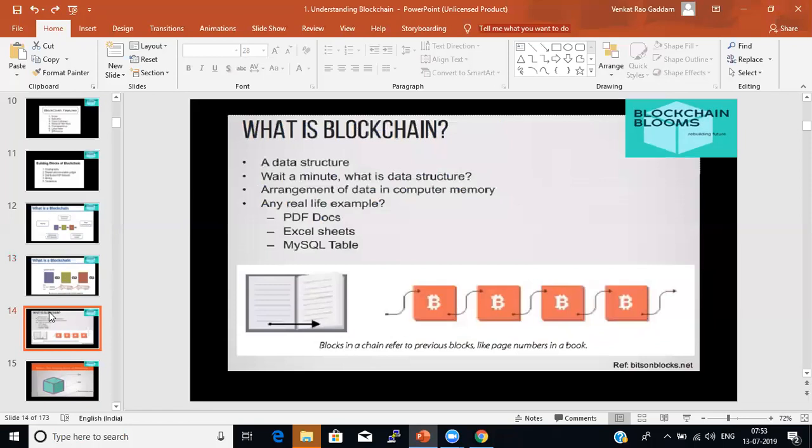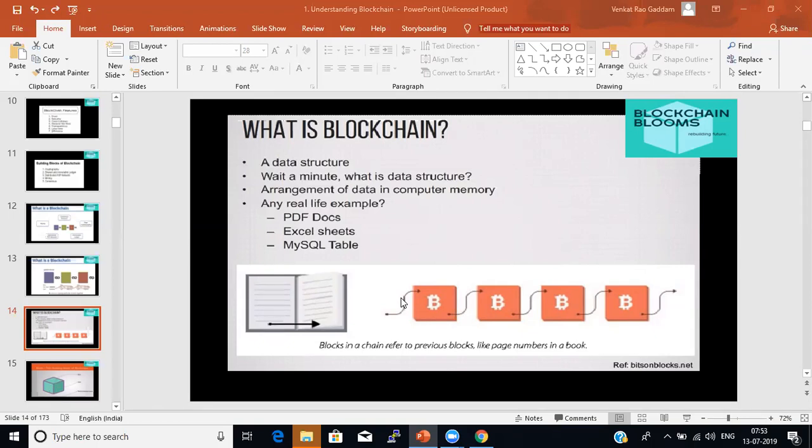Just think that a blockchain is a book. Each page in the book is a block, and each line in the page you can call a transaction.